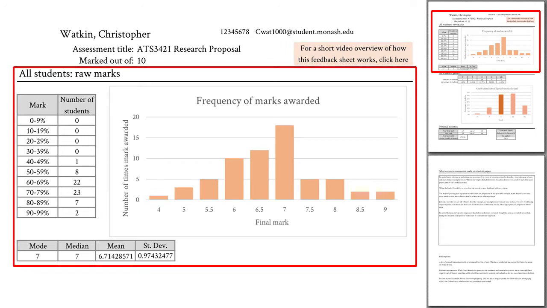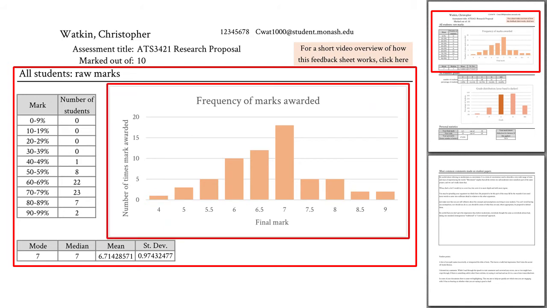The first section is called All Students Raw Marks, which is where you can see the number of times each individual mark was awarded in the unit. The graph in the first section lists every single mark that was awarded. So if there were 100 different marks awarded, there'd be 100 different columns here. Up the y-axis you can see the number of times that particular mark was awarded.